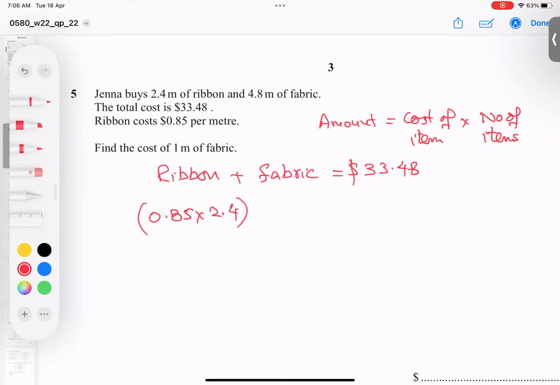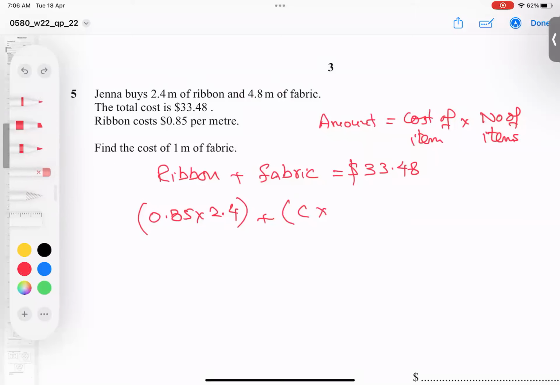So this is done. Fabric. What is fabric? Again, same formula: cost of item times number of items. Cost, I don't know the cost. So let's say C for cost. And fabric meters, look, the same story.